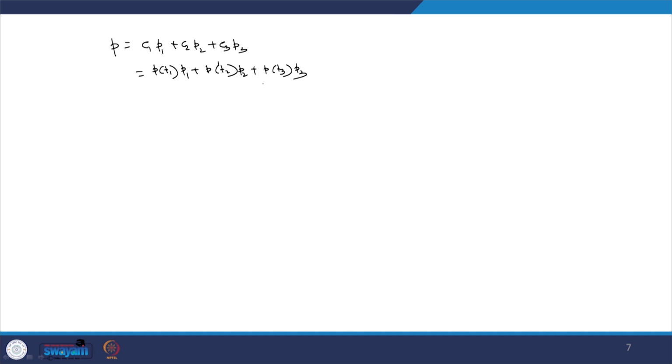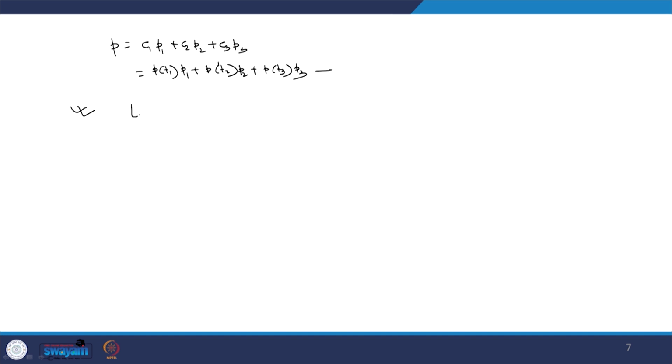So, any polynomial can be written like this. I hope you have understood how to find the corresponding basis for which L1, L2, L3 will be the dual basis please. So, now let me consider the linear functional and subspace.